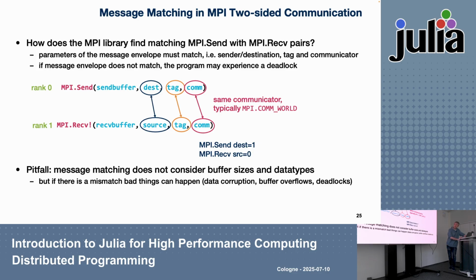And for example, we are sending 100 bytes, but in our buffer we're expecting 2 bytes. Then this will be a problem. So this is a very explicit way of communicating.